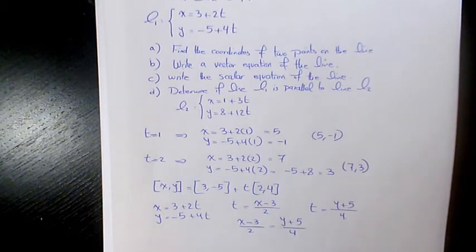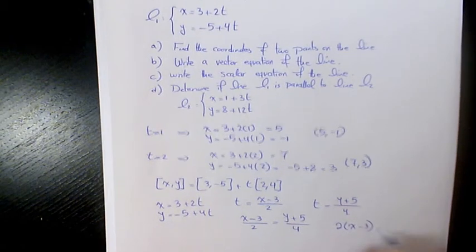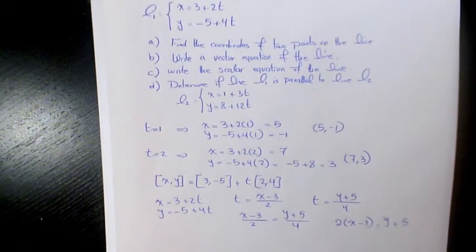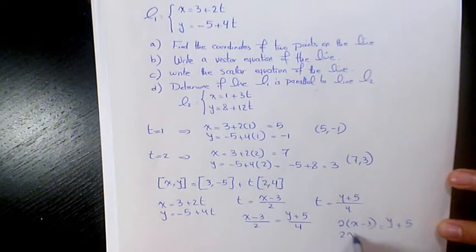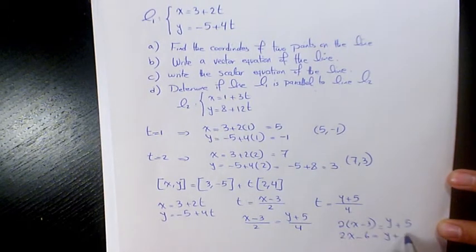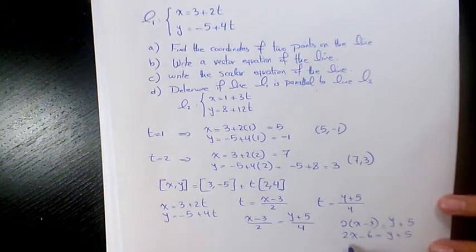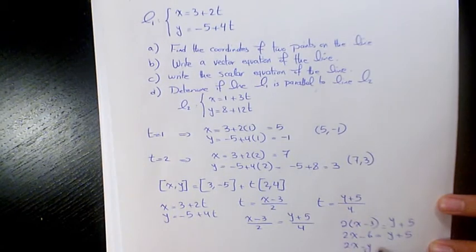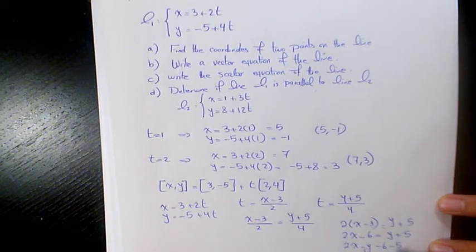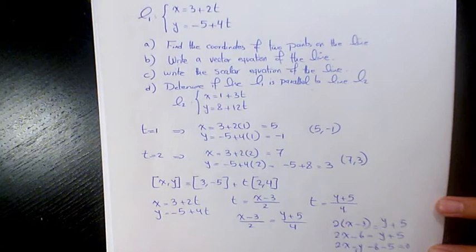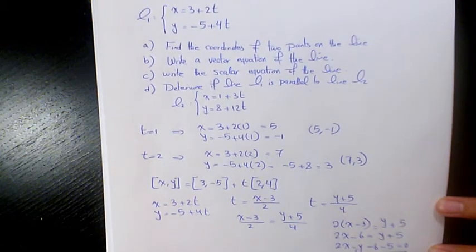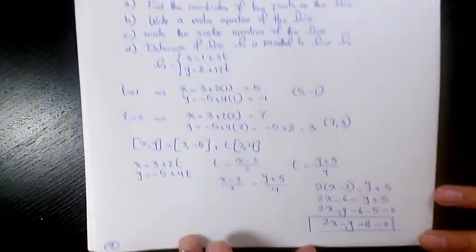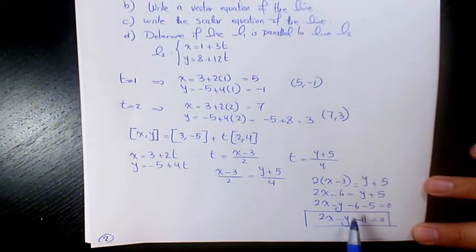I multiply both sides by 4, then it will be 2(x minus 3) equals y plus 5. You have 2x minus 6 equals y plus 5. Moving y plus 5 to the other side, 2x minus y minus 6 minus 5 equals 0, or you can say 2x minus y minus 11 equals 0. That's the scalar equation, as you see it here.